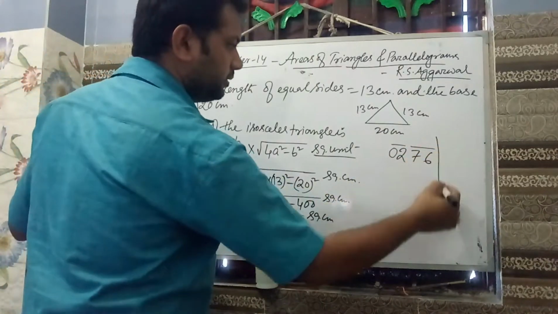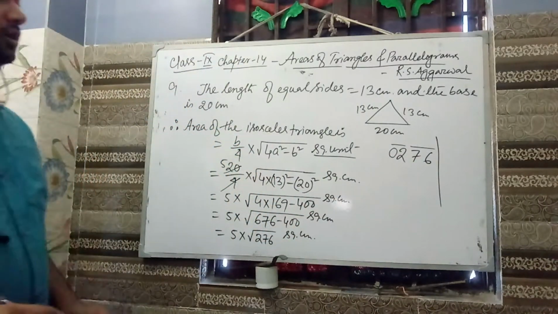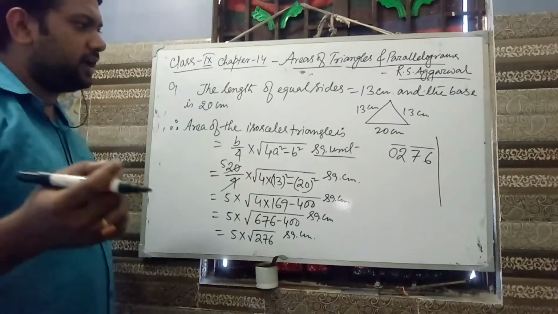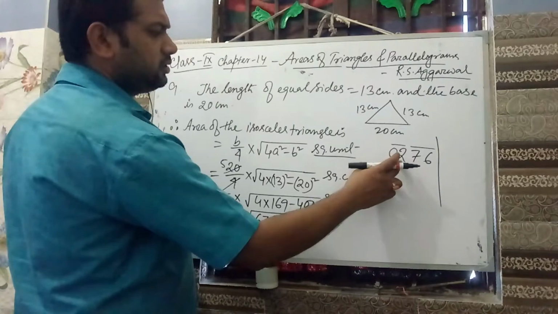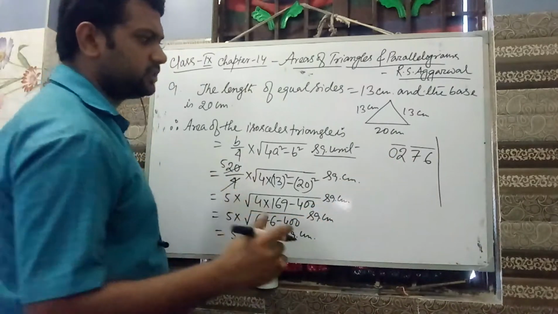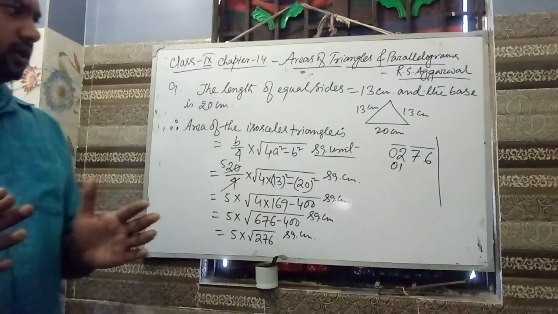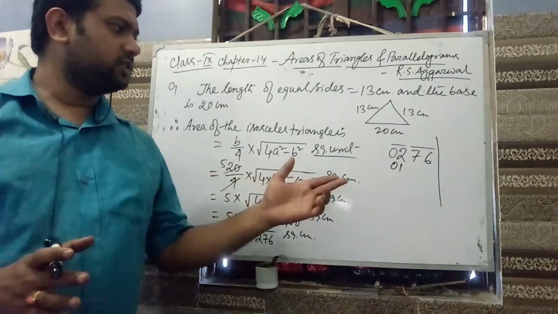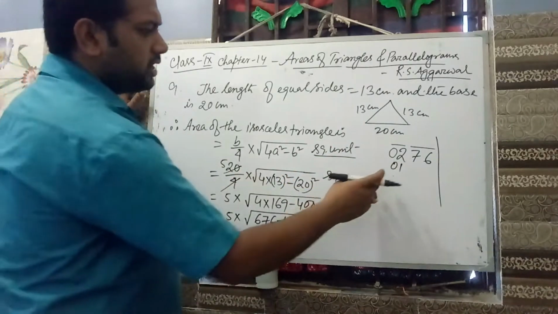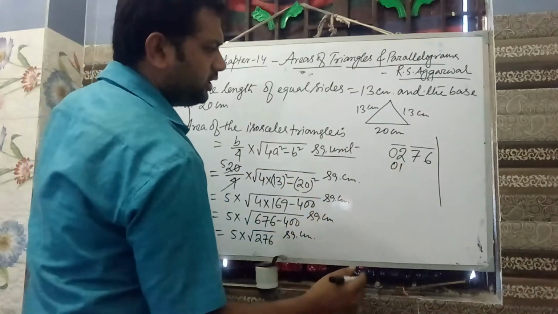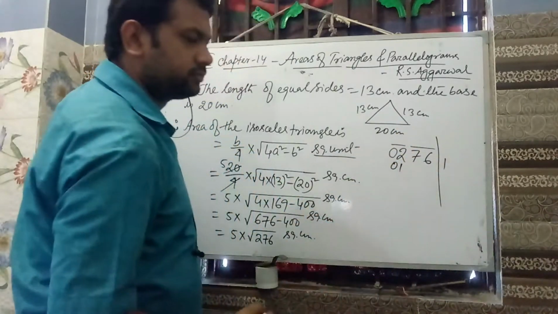Look very carefully. 2 is not a perfect square number. The nearest and smallest perfect square number to 2 is 1. 1 is the smallest and nearest to 2, and it is a perfect square number. That's why we have written 1 over here, and the square root of 1 is also 1.